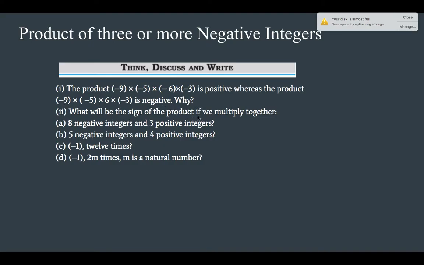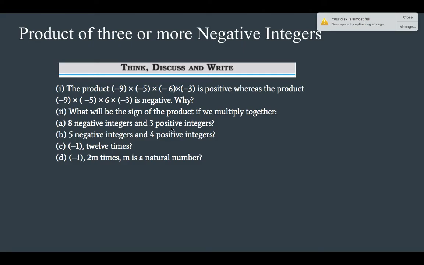What will be the sign of the product if we multiply together 8 negative integers and 3 positive integers? Look, positive integers never change the sign of the product. We just need to take care of how many negative integers we have. So if we have 8 negative integers, 8 is an even number. What do we get in the end? A positive result.